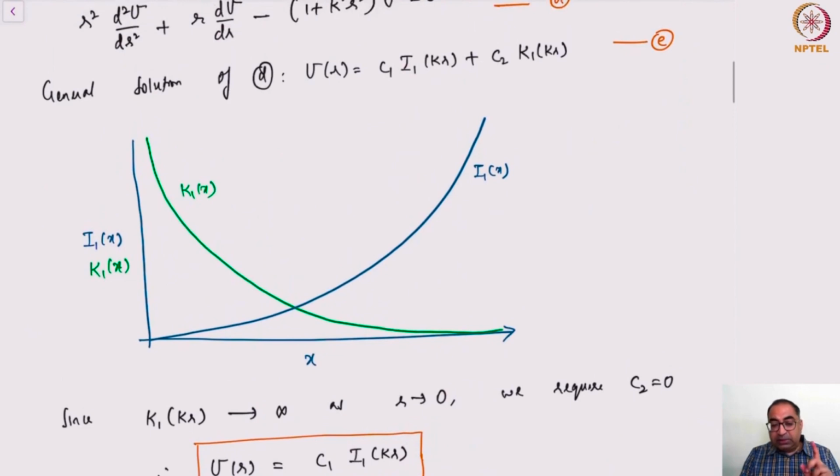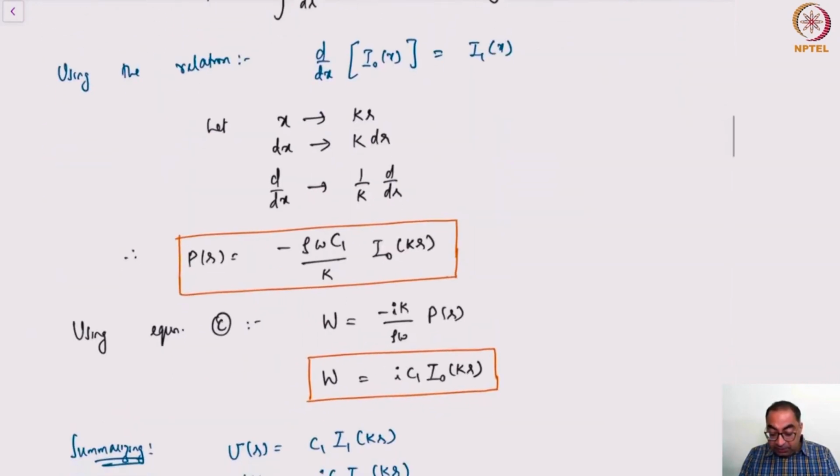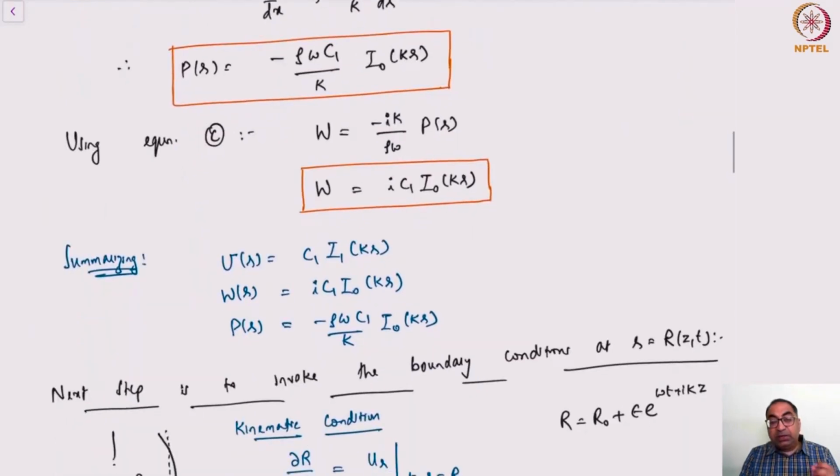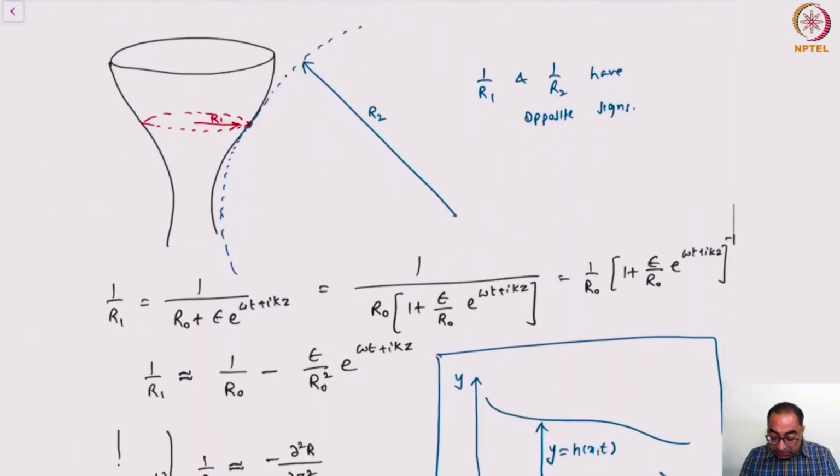We need one of the constants in terms of the other, and we also want to get rid of C1 as well. So we want to get rid of both the constants and get omega in terms of k. Our goal is not just to find C1 and C2, but to go one step further and get the dispersion relation. So we got the dispersion relation.